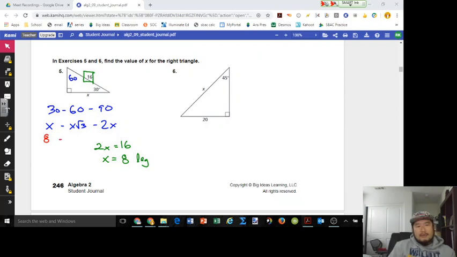Now, what they're asking me is, what is the side opposite of 60? Well, it's going to be whatever the leg is right here times rad 3. Just like that, we got our answer. Okay, so 8 rad 3 happens to be the length of the side opposite of 60.